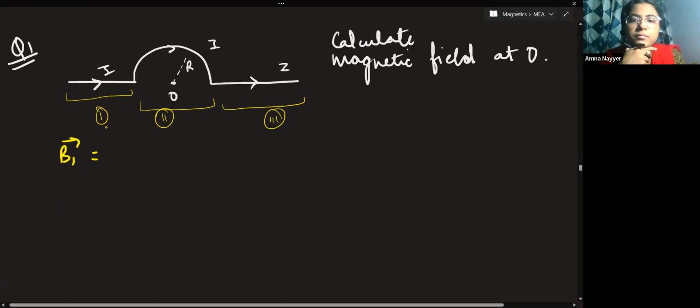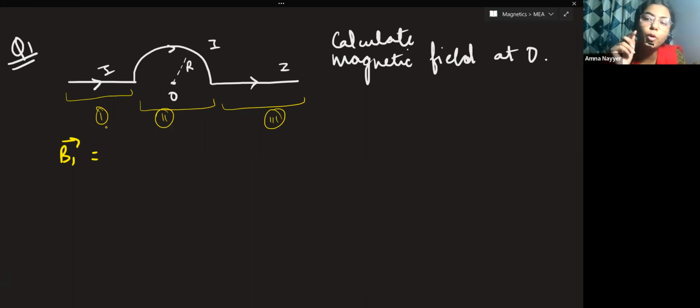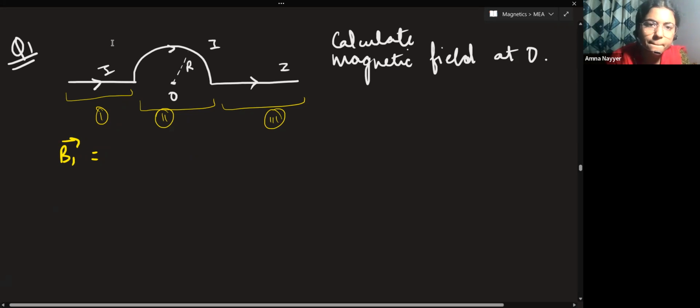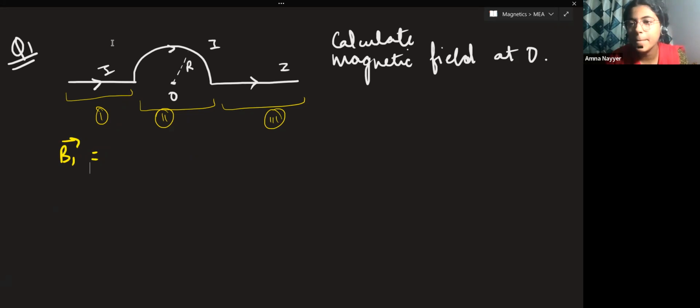And you have to calculate the magnetic field at this point O. So consider point O and C. Samira, can you try B1? Nobody. See, look at point O.